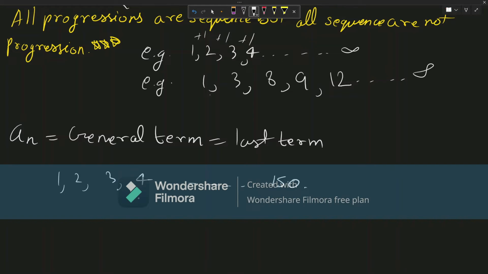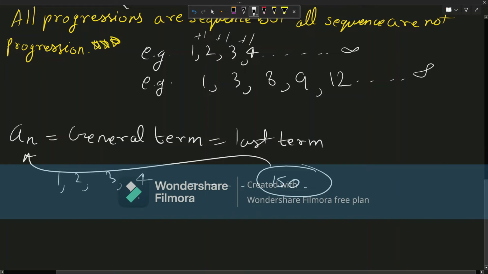This is where the sequence stops. So this number is your general term, or nth term. The last term of any sequence or AP is called the nth term.